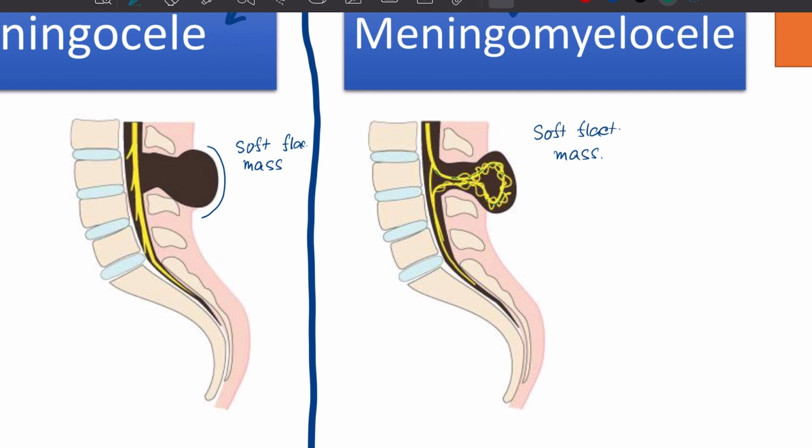But in case of meningocele, there is no herniation of part of the spinal cord into this fluid-filled cavity, and the transillumination test becomes positive in this case. Transillumination is also positive here.